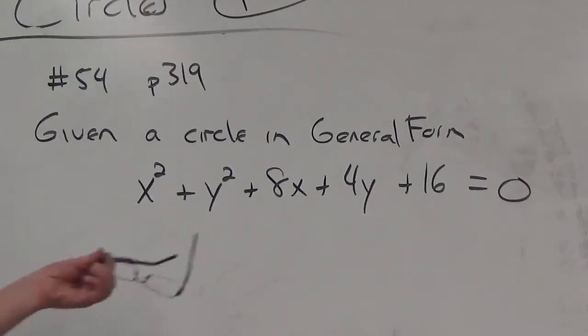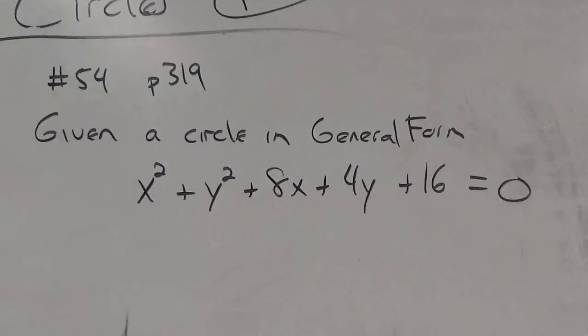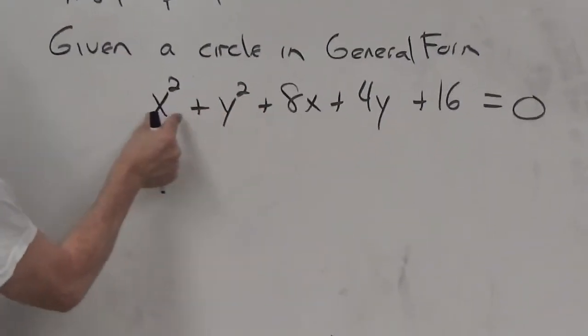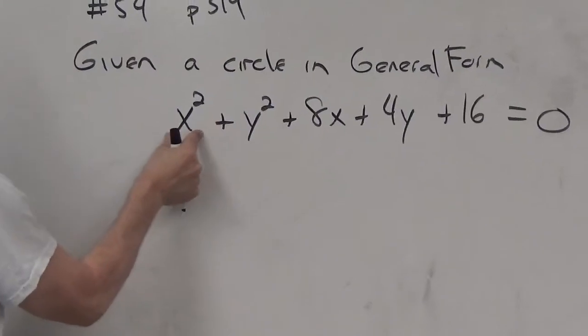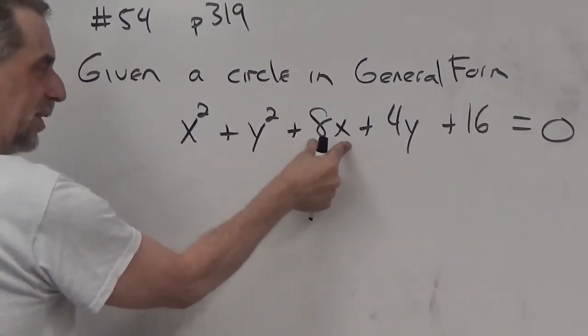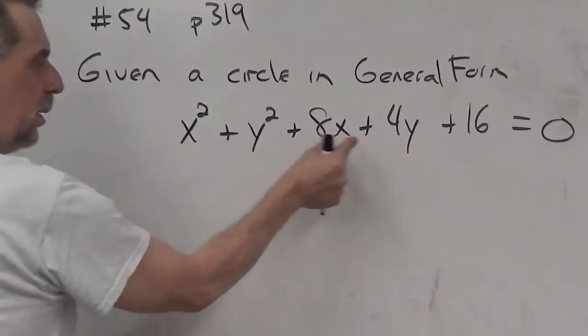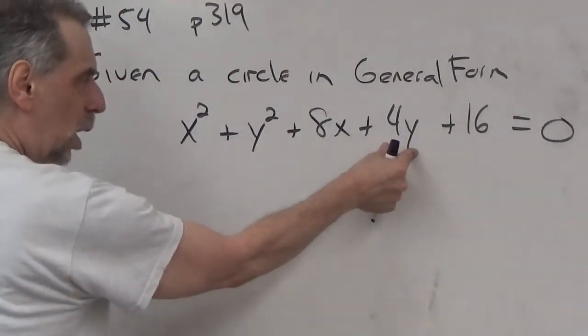So we got to change this to the standard form that we were looking at. And to do that, we're going to use the technique of completing the square, which we discussed when we talked about solving quadratics. So this is in general form. We're now going to gather the terms with x's together and complete the square on the x's. And then we're going to gather the y's together and complete the square on the y's.